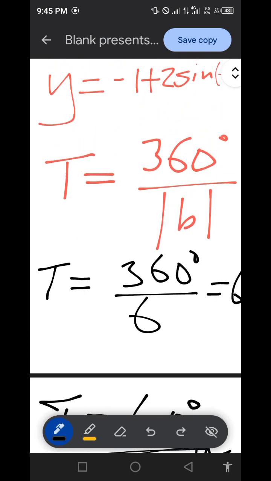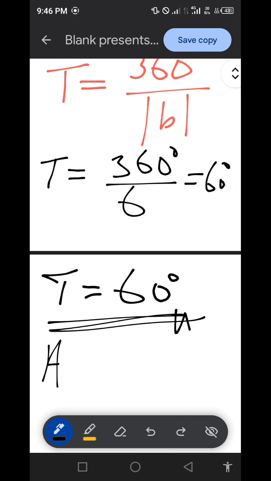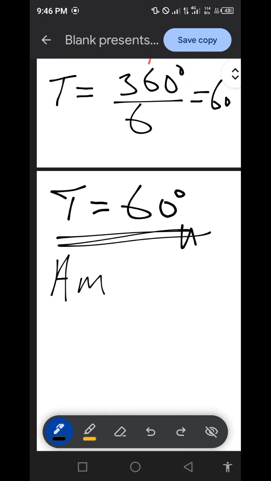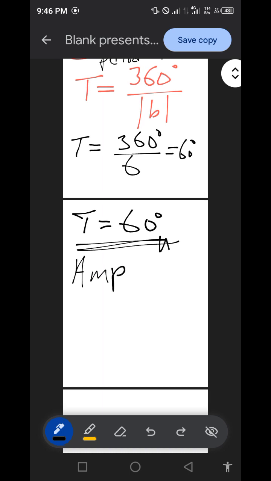Let me say period here, we call it equal to T. So I'm saying amplitude is equal to modulus of k or modulus of c.